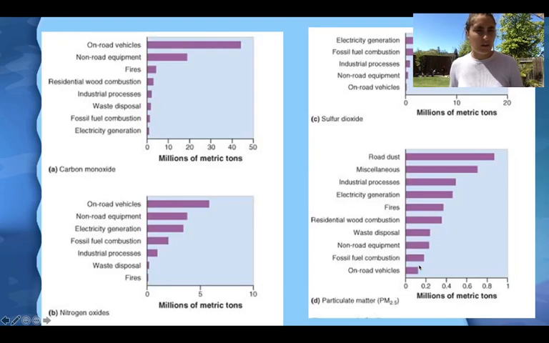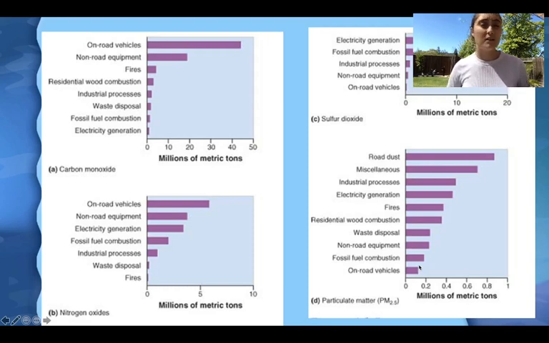This is a bit blurry, I apologize. This is just looking at, the first one is for carbon monoxide, nitrogen oxide, sulfur dioxide, and particulate matter, and it's how much each thing where most of the emissions are coming from. So for the first one, for carbon monoxide, as we said, for the most part, it's cars doing incomplete combustion in their engine from a lack of oxygen. So mostly it's cars.